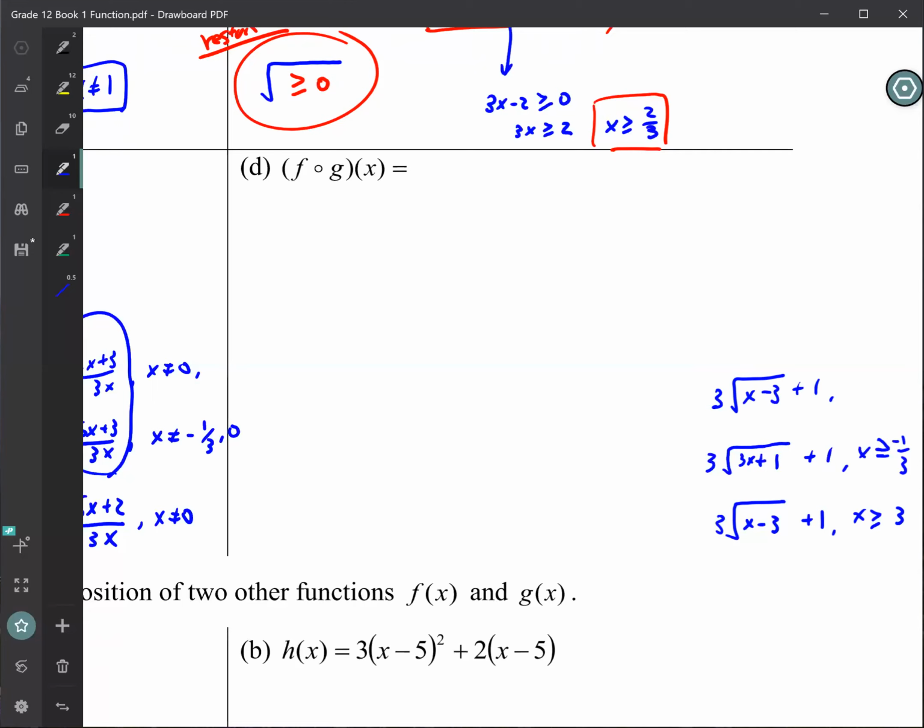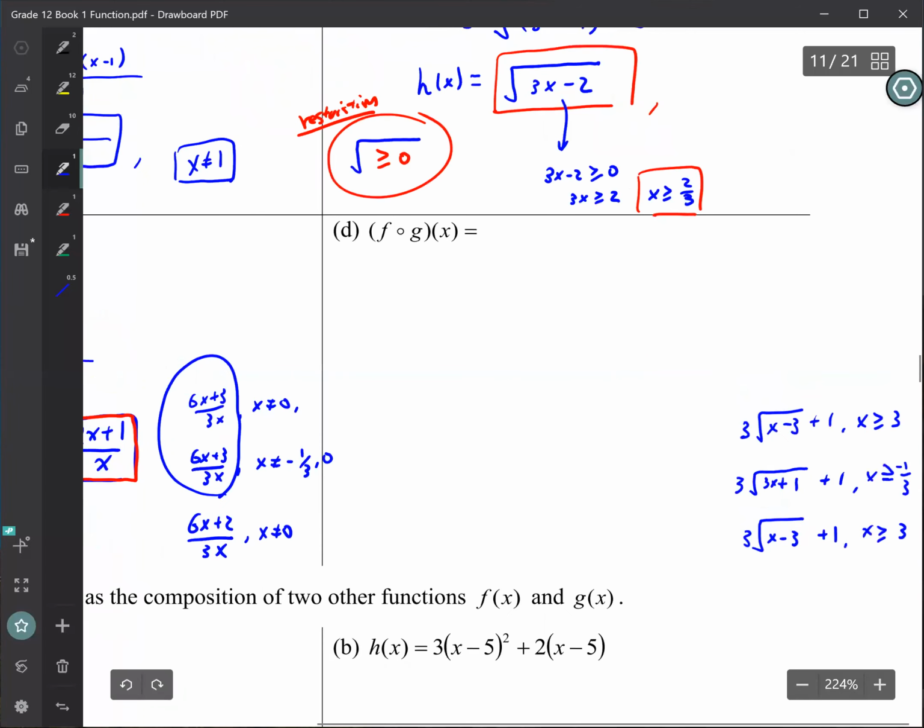What's your restriction, Samantha? The same. So x greater or equal to 3. Okay. So let's check this one, right?